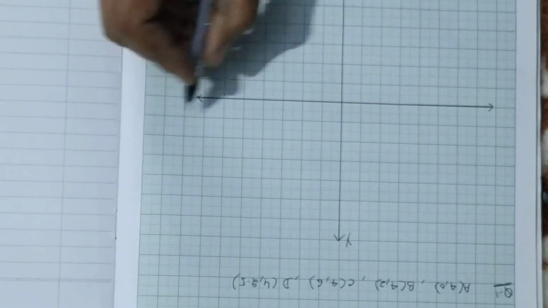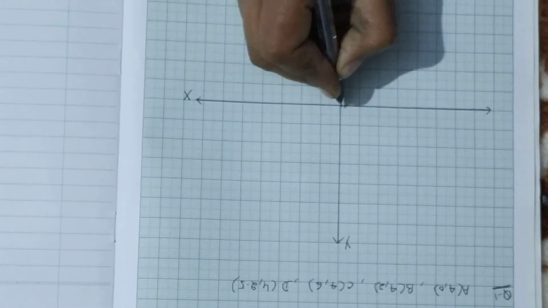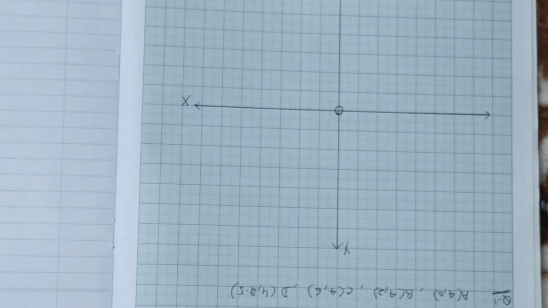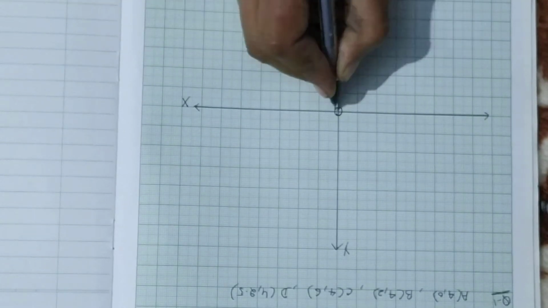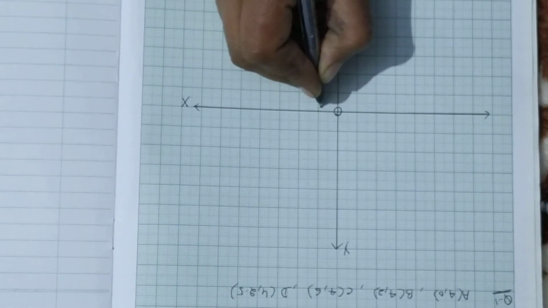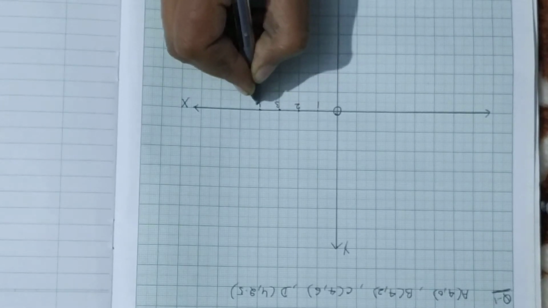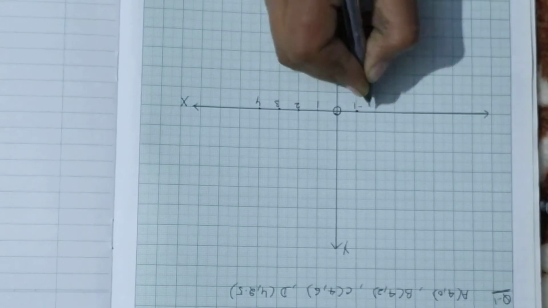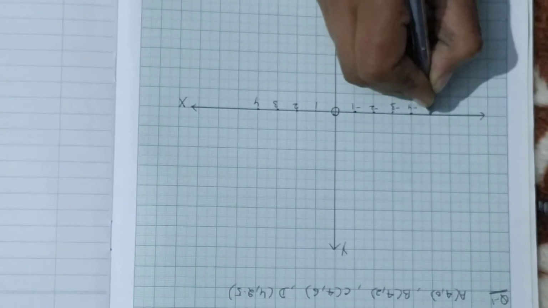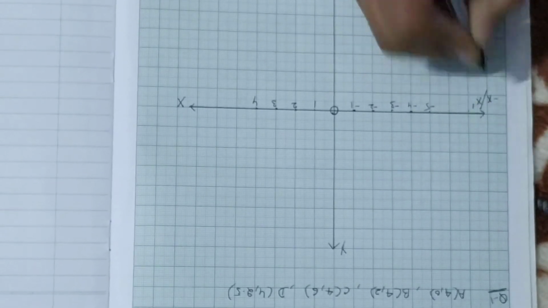For drawing these points, first we'll take two perpendicular axes, x-axis and y-axis, and this point of intersection is origin O. Right of 0 are positive values of x, and left of 0 are negative values. You can write this as x dash or minus x.